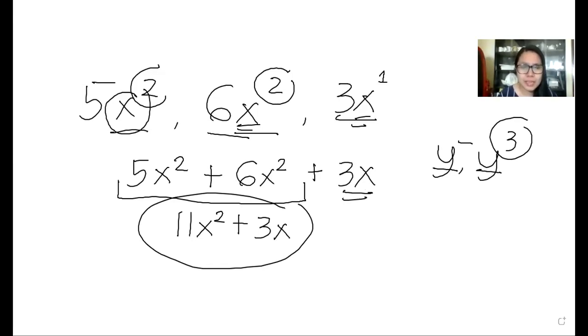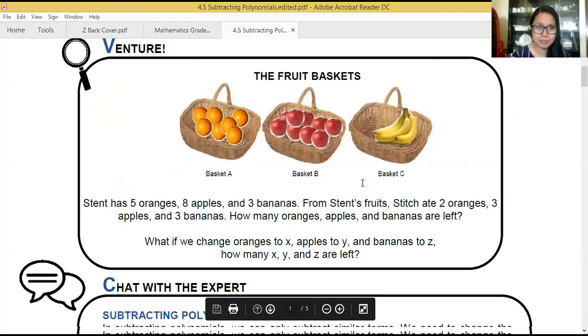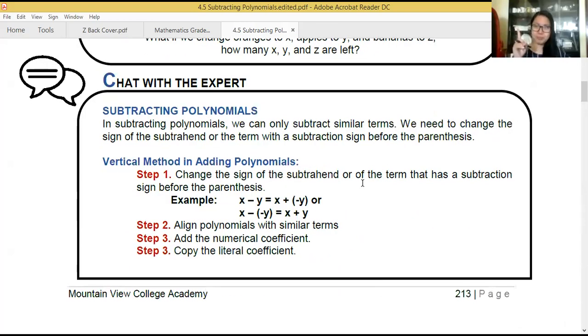Now, let's go to subtracting polynomials. How do we subtract polynomials? Let's have this method. Step 1. You change the sign of the subtrahend. It means that if you see this sign, minus y, it would mean plus negative y.